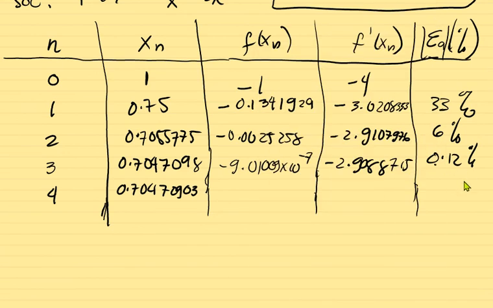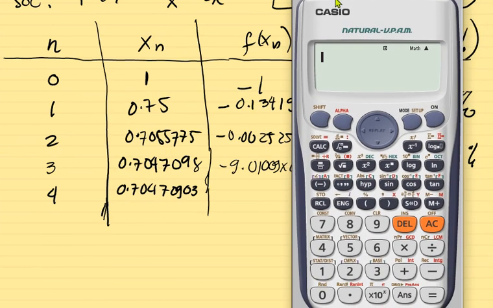Then if you calculate for the approximate error, it will be 0.70470903 minus 0.7047098 divided by 0.70470903 times 100.